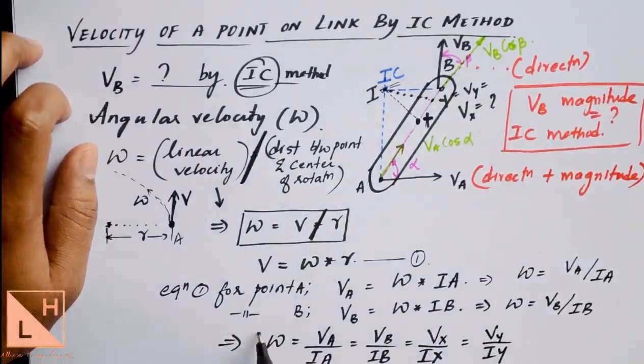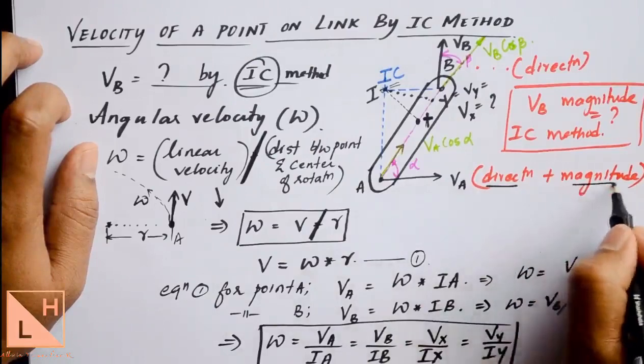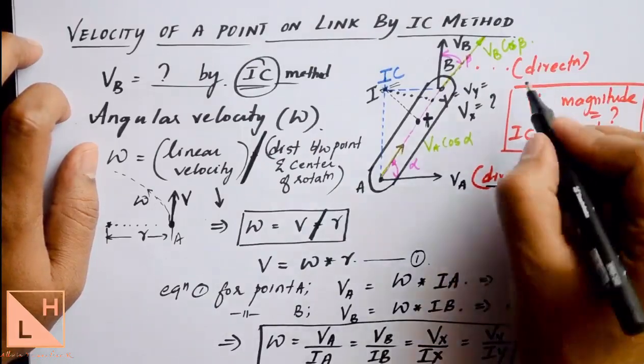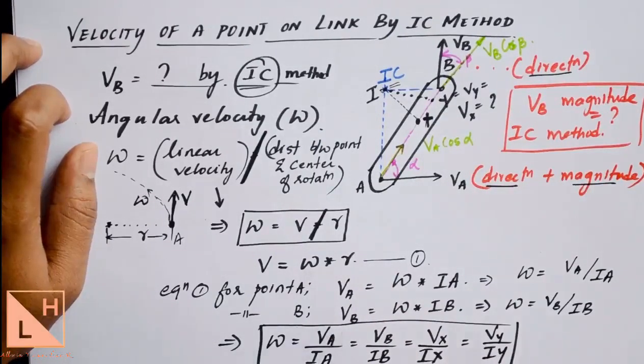So according to this expression, what is known in the beginning is the direction and magnitude of Va, and we also know the direction of Vb. If you know that much, the value of Va is known, Ia is known, Ib is known. Hence we will be able to find out the velocity at point B, if you know the value of omega.